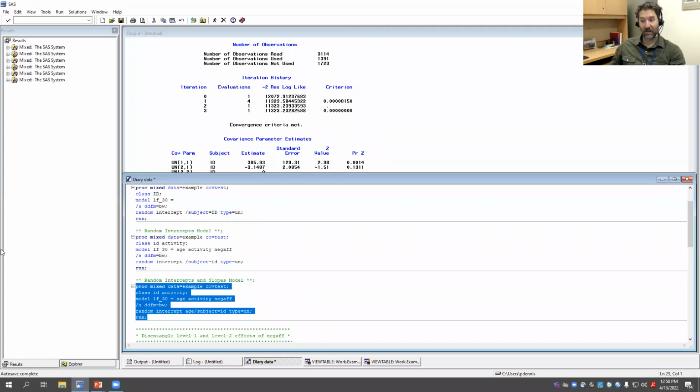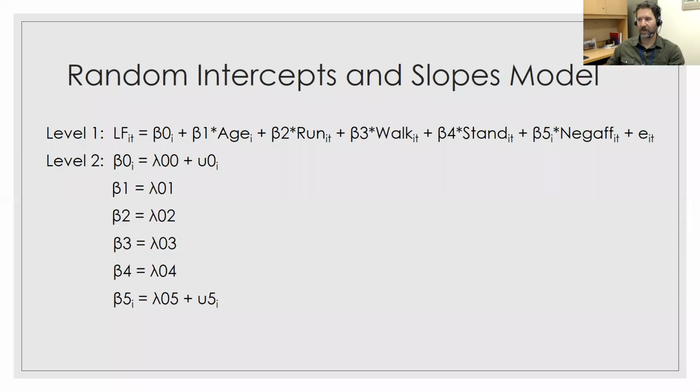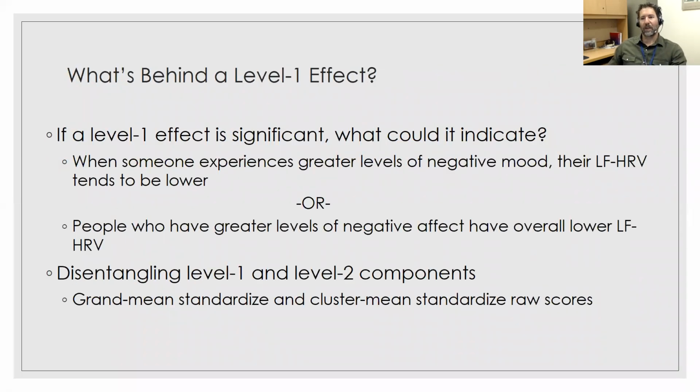So I'm going to push on and show you one last thing before we go. One of the issues with modeling level 1 variables is that we do not know what is necessarily behind that level 1 effect if it's significant.